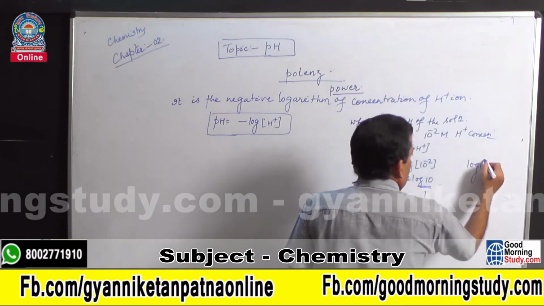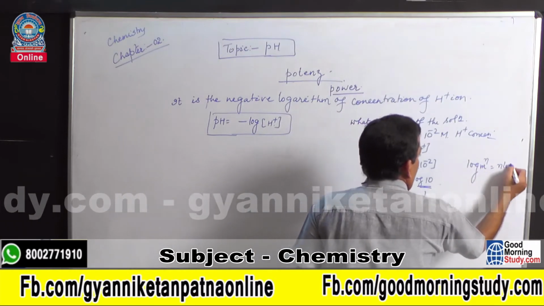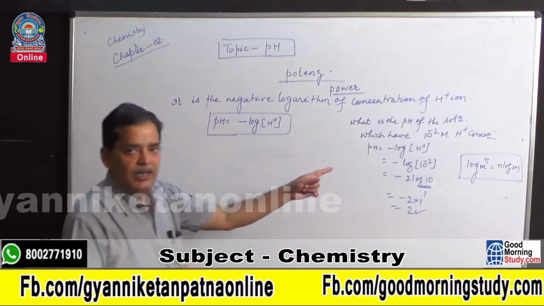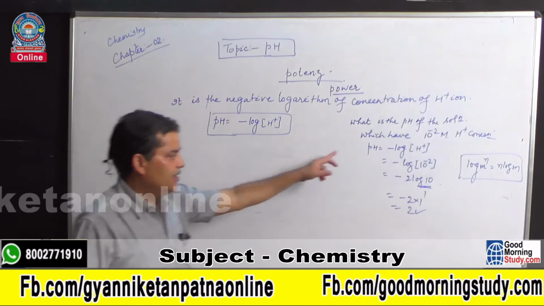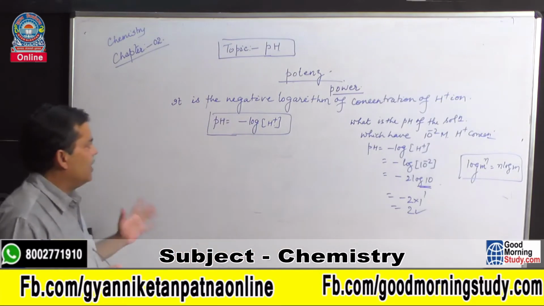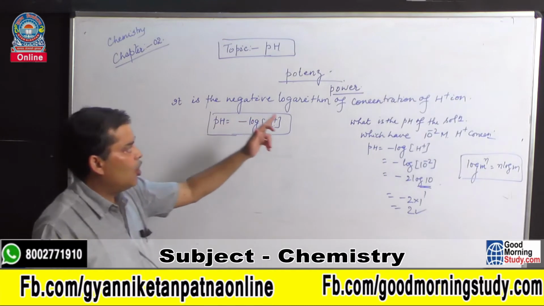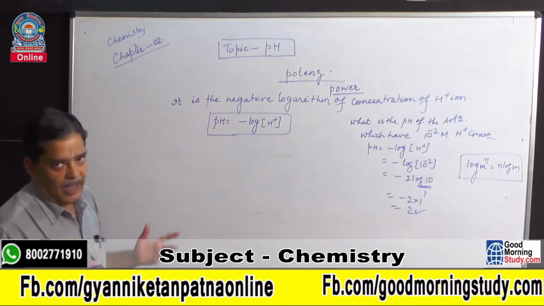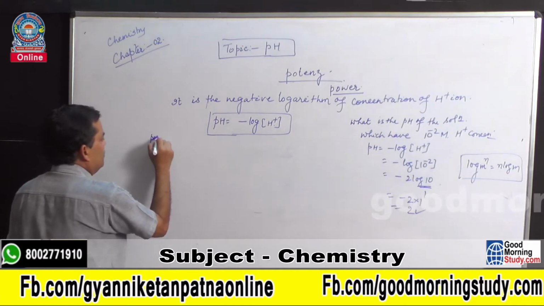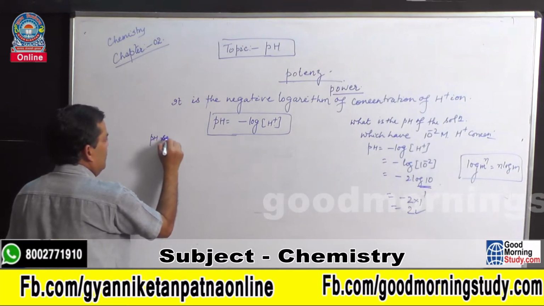How? Log m to the power n is equal to n log m. You will keep this in mind. In class 10th it is not necessary, but you have to keep in mind that pH is the negative logarithm of concentration of H plus ion. Is it clear?